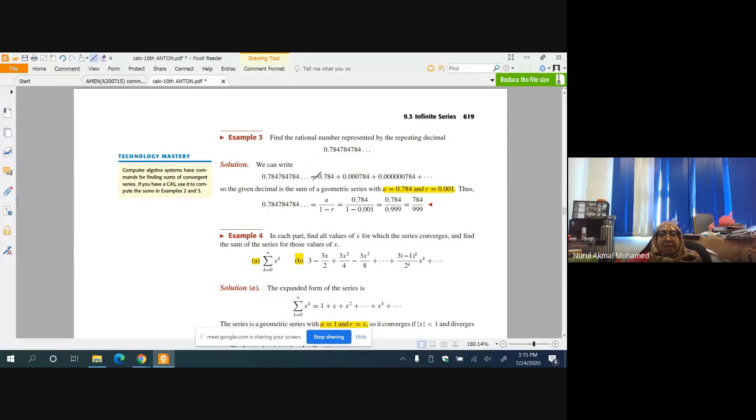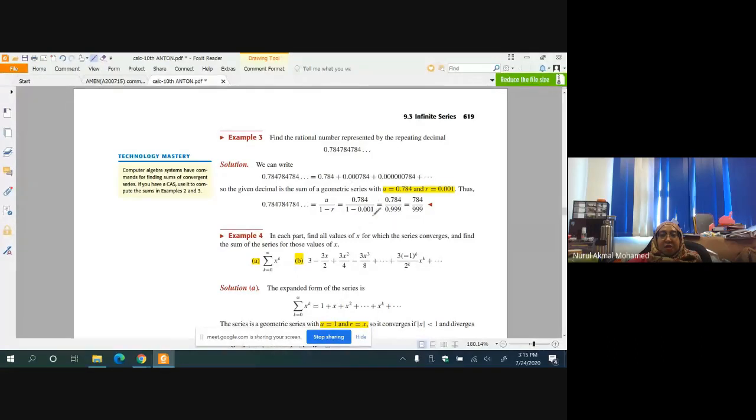So a here is the first term, which is 0.784. For r, you divide this term by the previous term, and r is also this one divided by this one. So you get r equal to 0.001, which is less than 1. If it is less than 1, it means that it converges. You can find the summation by using the formula a divided by 1 minus r.